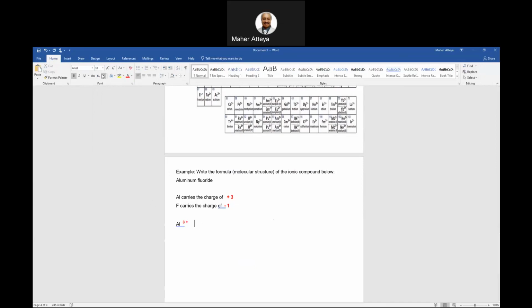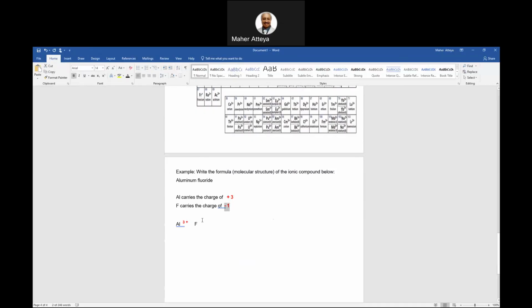Fluorine, correct? Fluorine here, and then a superscript. Which number do I have to put? Just copy and paste this one, correct?